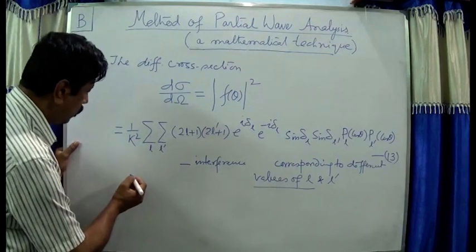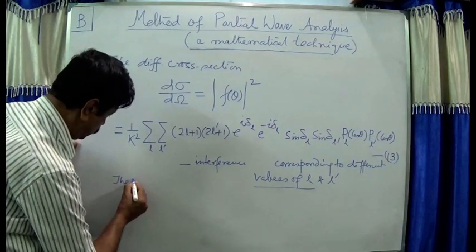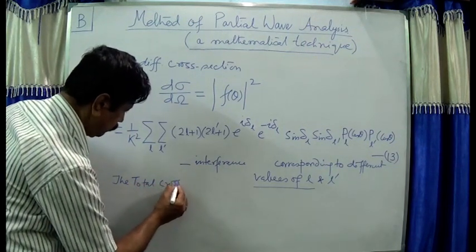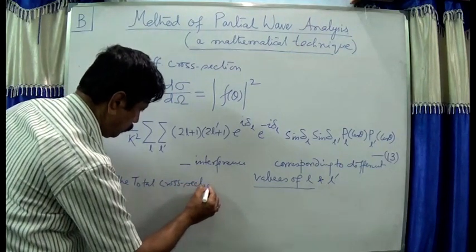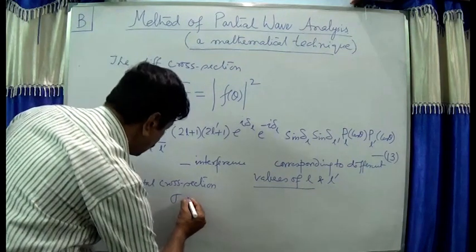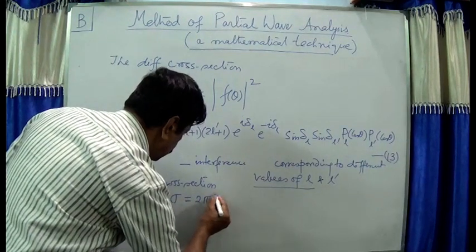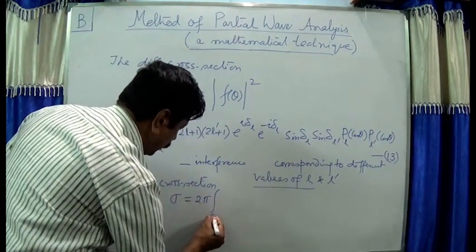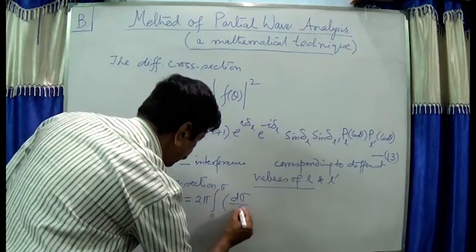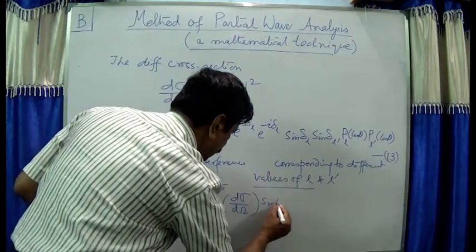Now the total cross section sigma can be written as 2 pi, integral 0 to pi, d sigma d omega, sin theta d theta.